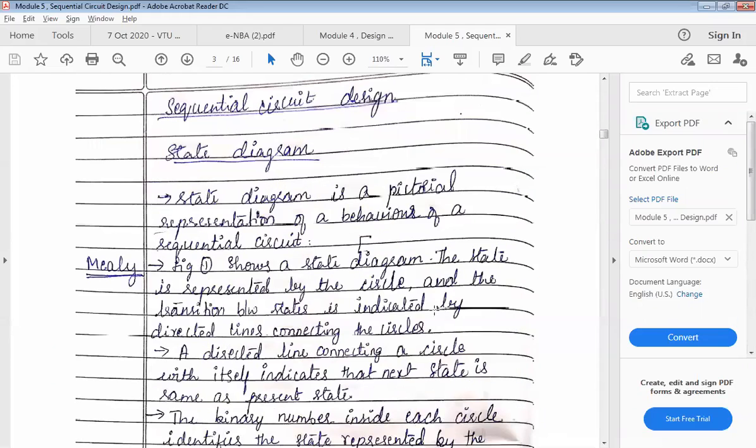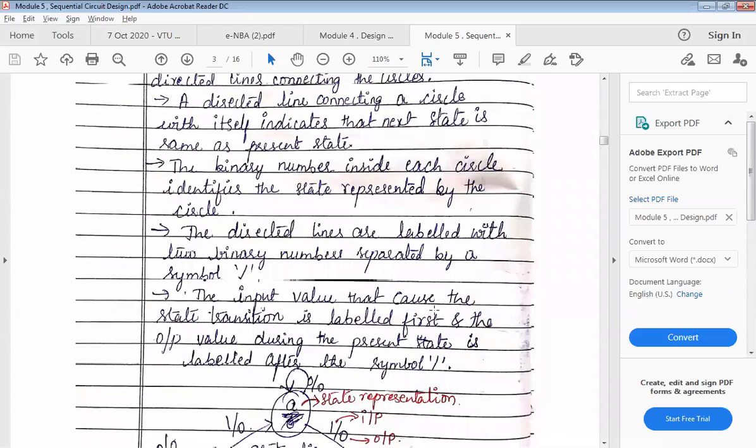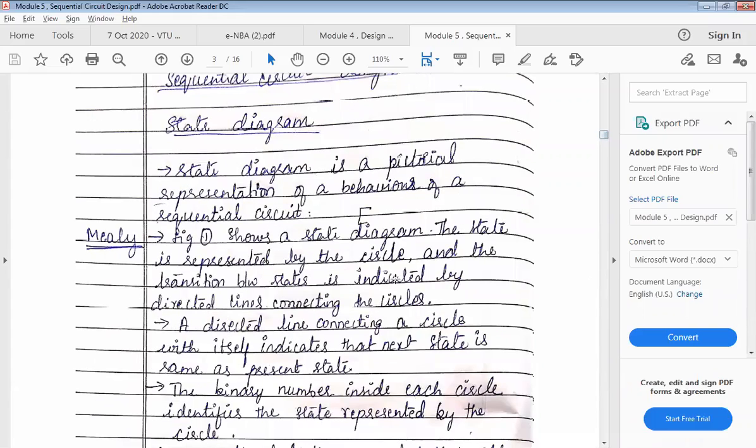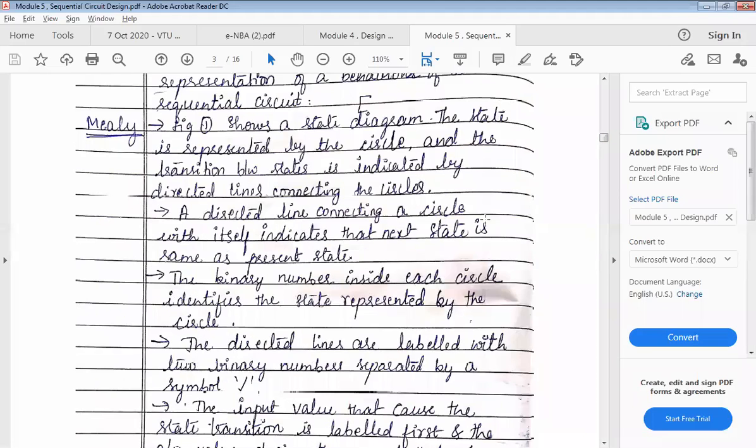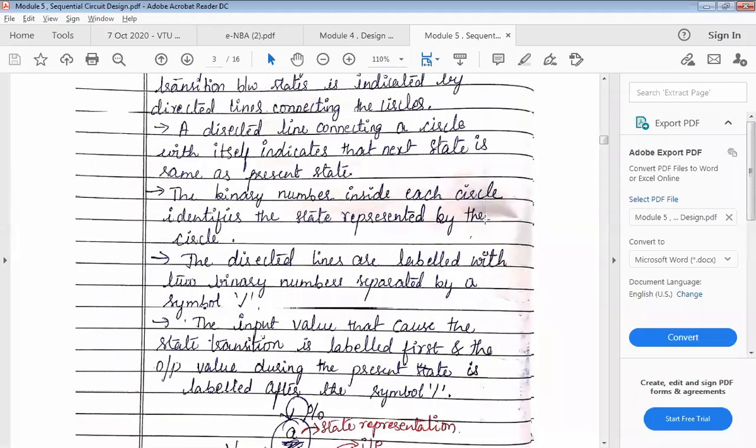Now we will have to learn a few definitions, such as what a state diagram is. Since we have already implemented them, it becomes easy for us to understand what a state diagram is. Can someone tell me what is a state diagram? We have seen a few state diagrams.